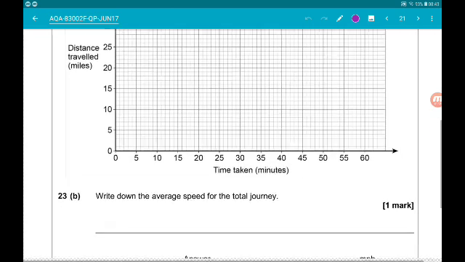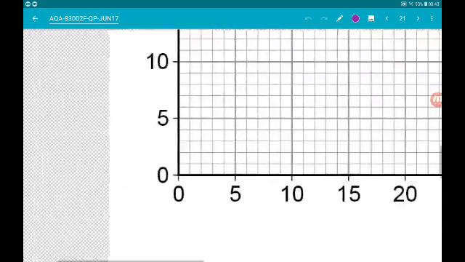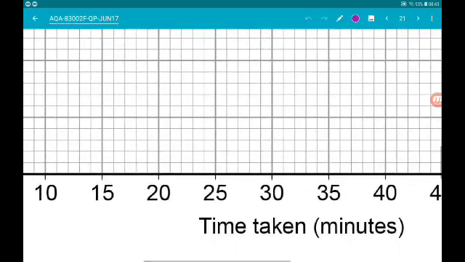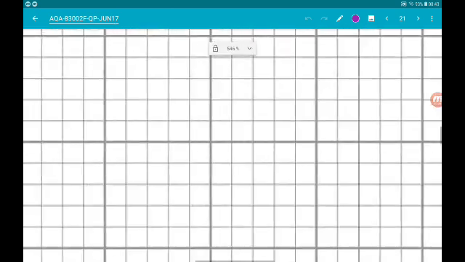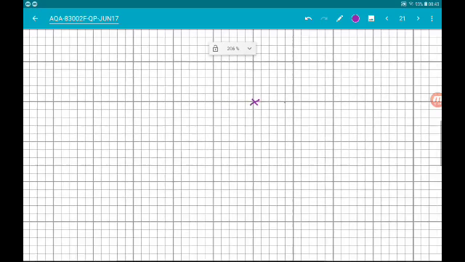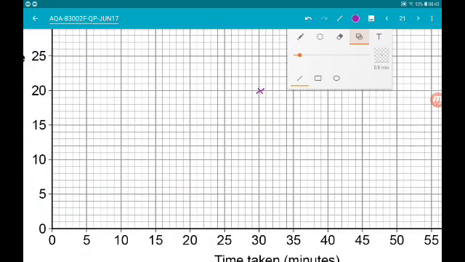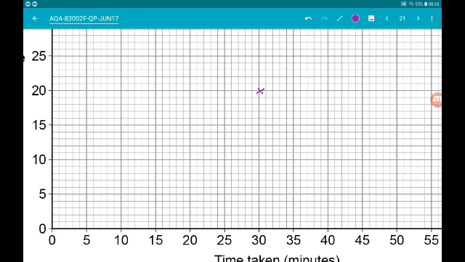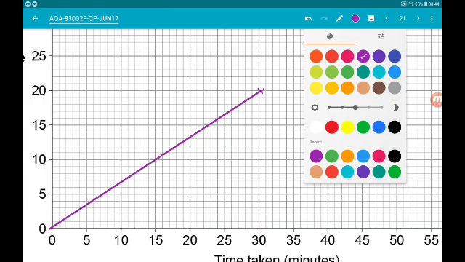So we need to go to 30 along the bottom and 20 up. So 5, 10, 15, 20 is going to be there. Okay, let's draw the line. So there's the first part of her journey.